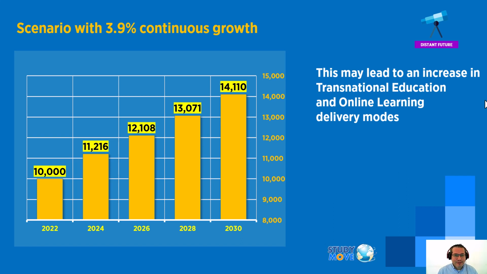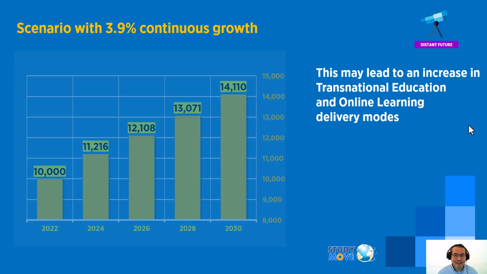I think this is something that we might see in the next 10 years. When you think about the distant future, you can start mapping certain scenarios. But what is interesting is that the data is suggesting that the demand will continue. So it will be interesting to see how education providers react to that continuous increase in demand for the next 10 years.